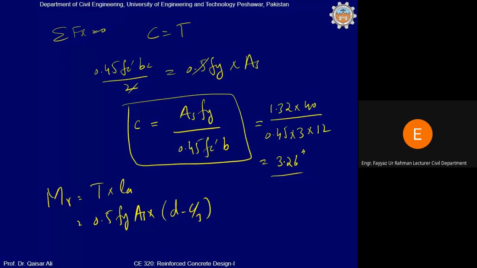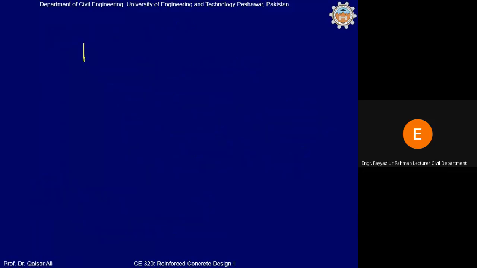So now since you know all these values for the given example, you can calculate the flexure capacity at the second stage. So now the flexure capacity at the second stage is equal to, again I am writing the same equation, 0.5 Fy As into D minus C by 3.